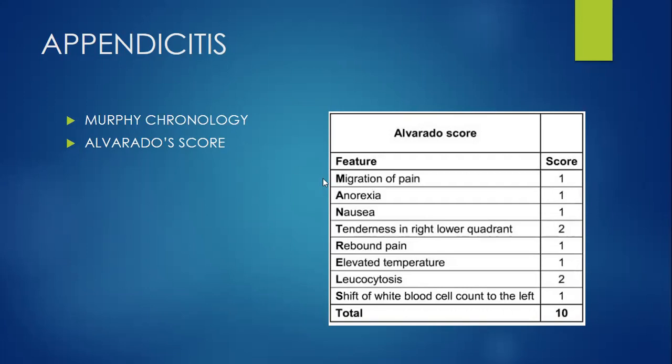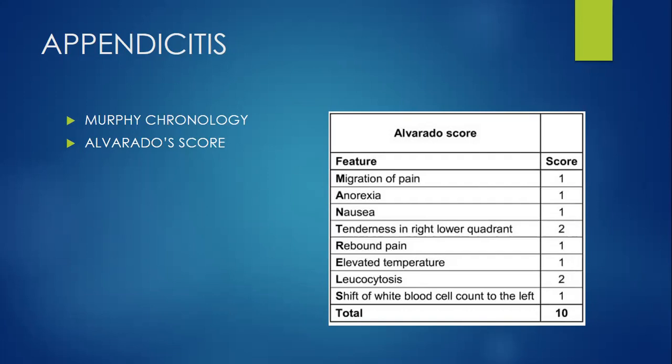Okay, okay. So Alvarado's score is a score that helps us not to diagnose. That is the main point. It does not help us to diagnose appendicitis. However, it could help us define a possibility of appendicitis. It does not help us to diagnose because actually we have the certain diagnosis about appendicitis when we have the pathology report.